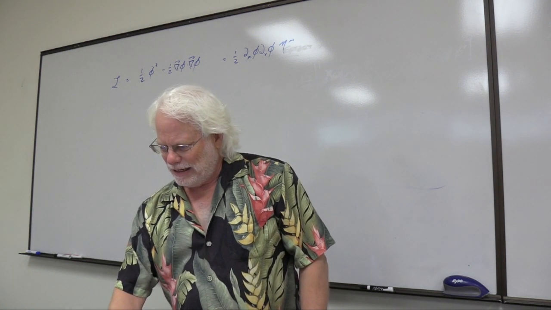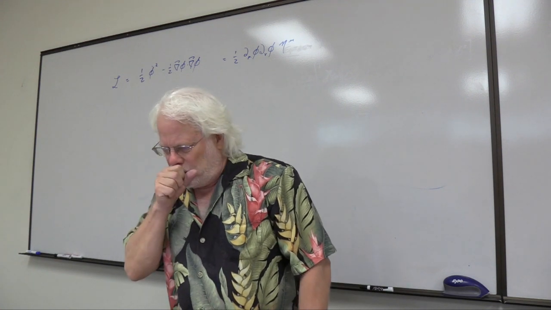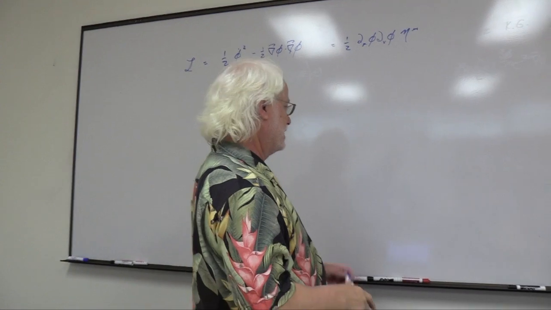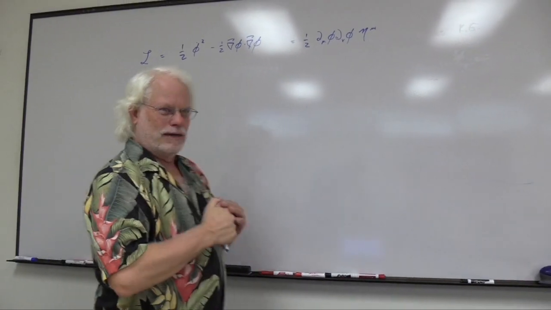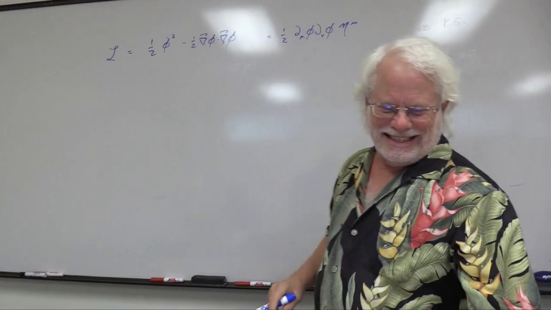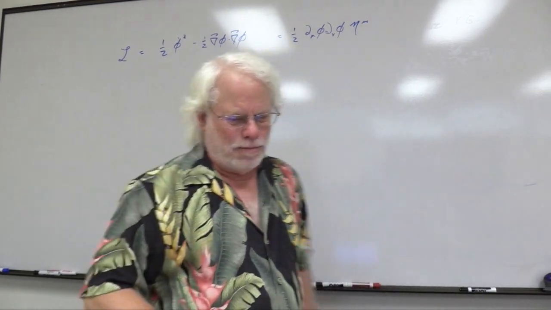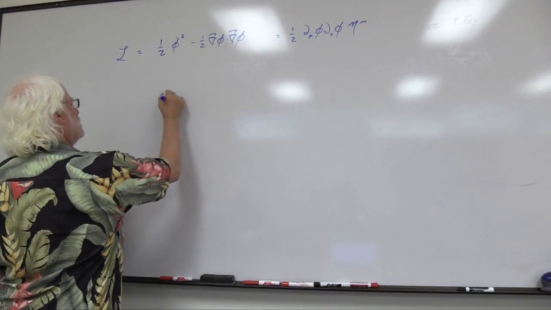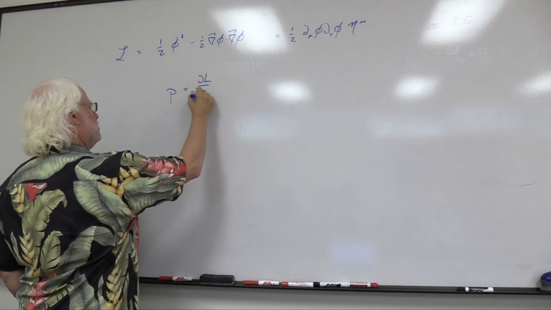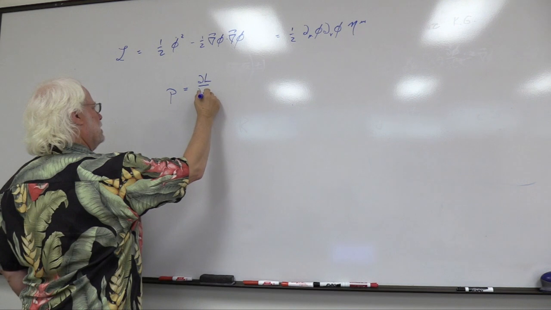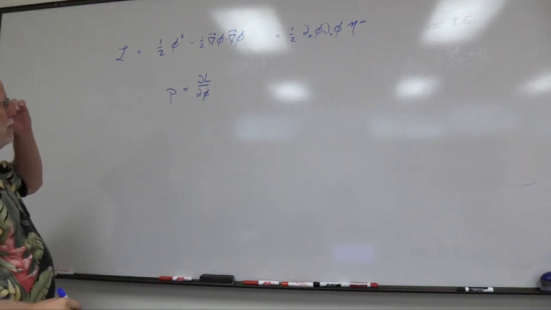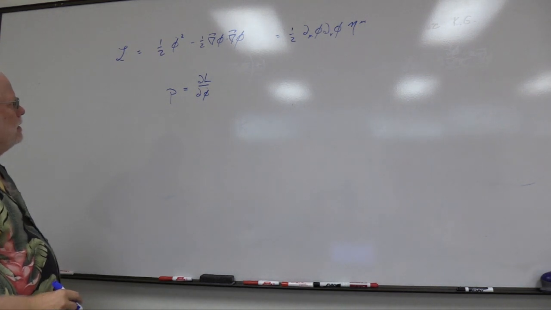Let's see, I want to do this again because what's in my notes here is slightly different than what I've just said. So let me say it the other way, and one of these will emerge as right. Let's go back to our statement that the momentum is the partial of the Lagrangian with respect to the velocity, the time derivative of your field in this case.